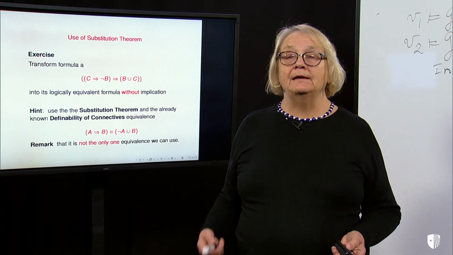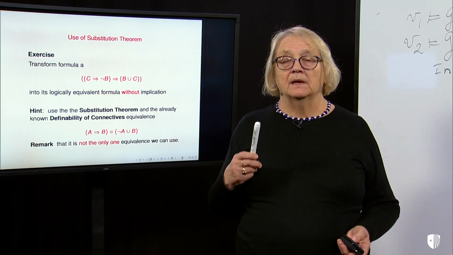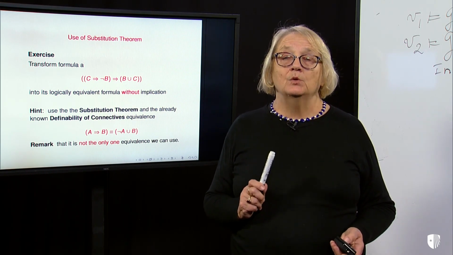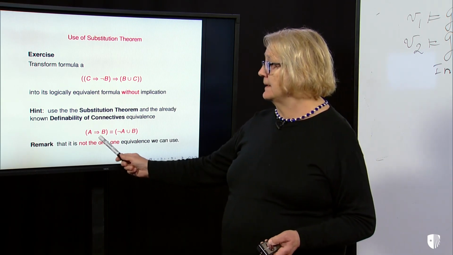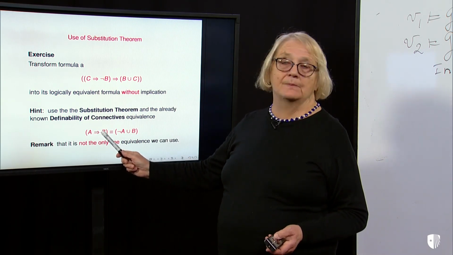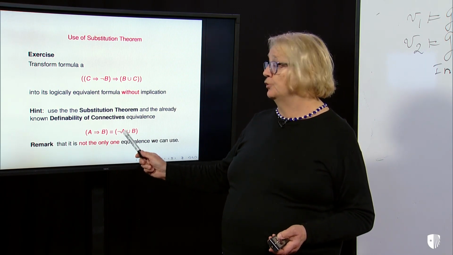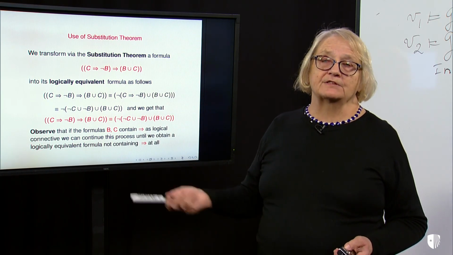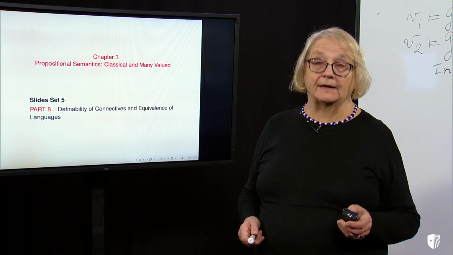So now we have certain important logical equivalences which are called definability of connectives. For example, you can write that A implies B for any formulas is logically equivalent to not A or B. And then you can transform one formula into the other by the substitution theorem.